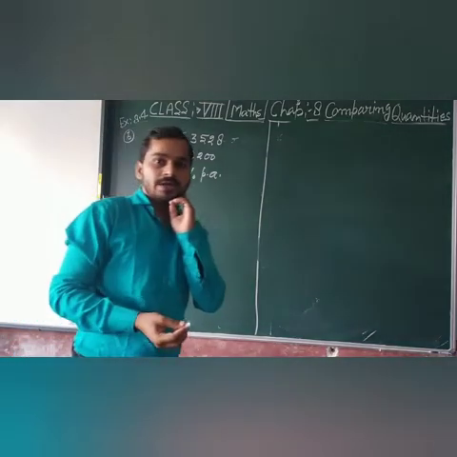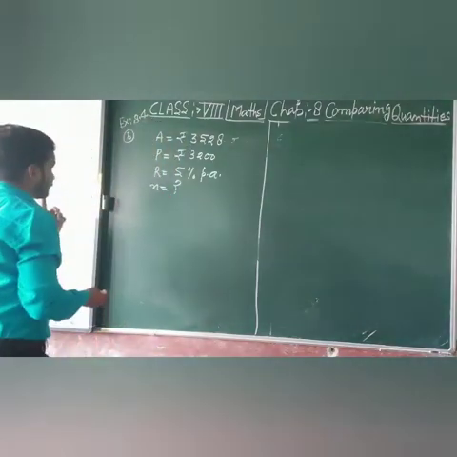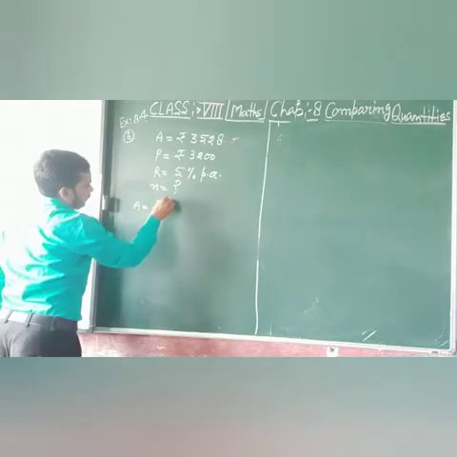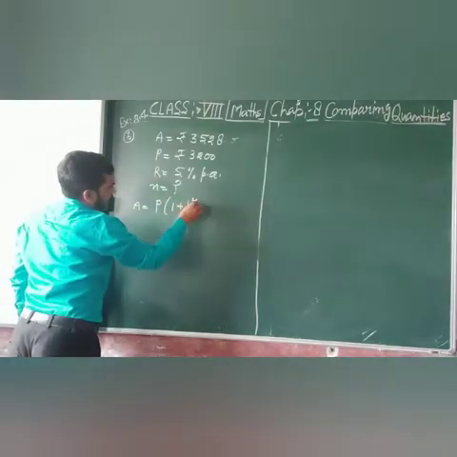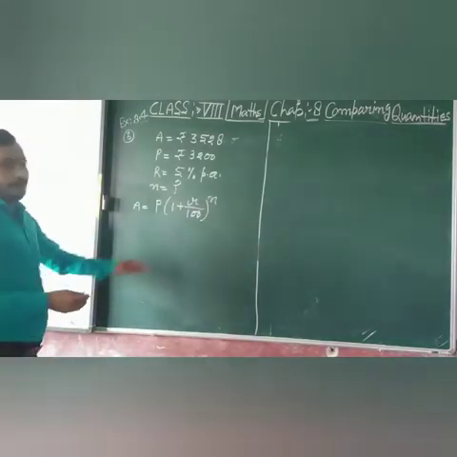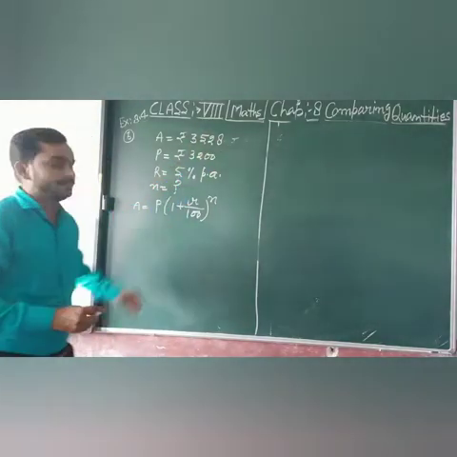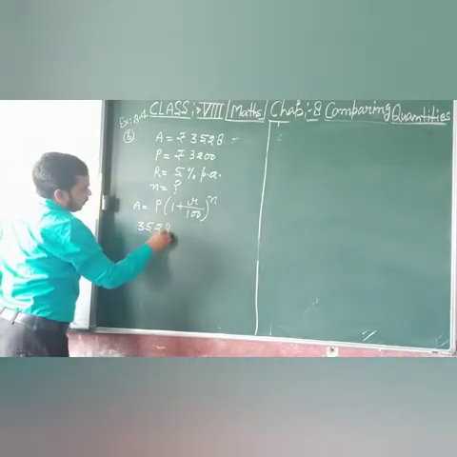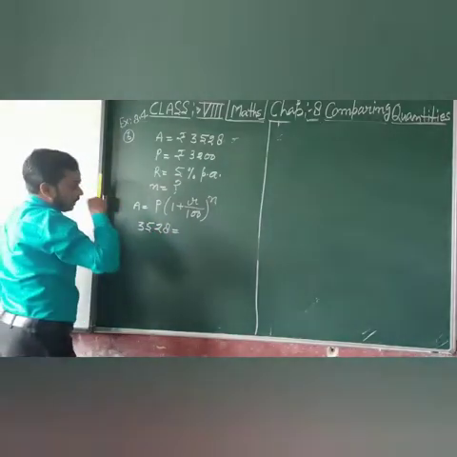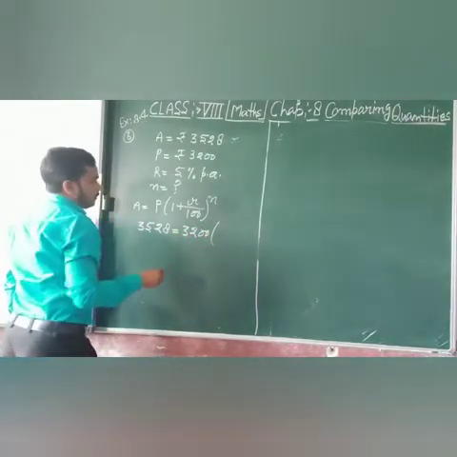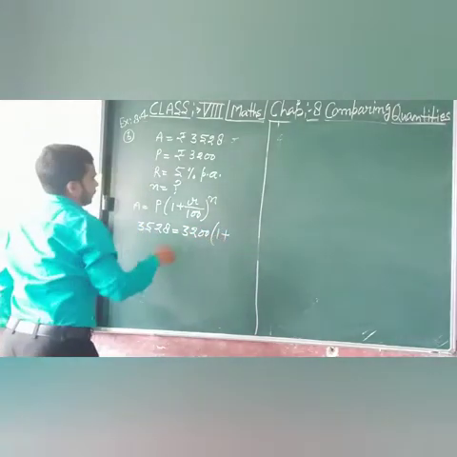So first you have to apply the formula of amount: Amount equals P times (1 plus R upon 100) whole power n. Amount is given as 3528, principal is 3,200, and rate is 5%.